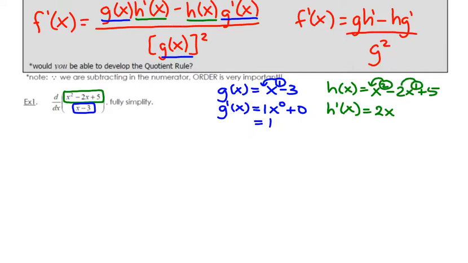I'm going to do the same thing, power rule, negative 2 x to the power of 0, right? And then the 5 is going to become a 0 when we take the derivative because it's a constant. So we have 2x minus 2 times 1, which is just 2. All right, so we have our new g prime of x and h prime of x.